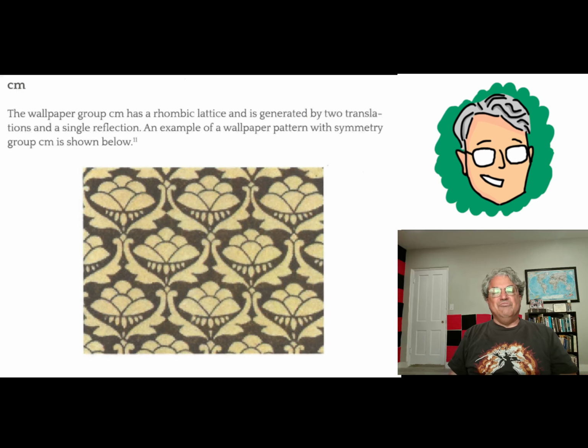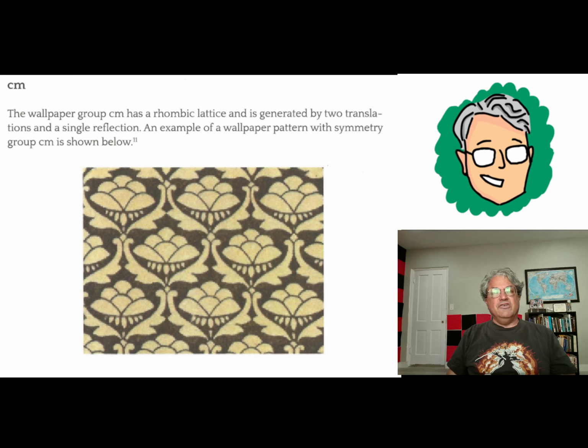I think these ones get prettier and prettier the more symmetry they have. Maybe that's just me. Maybe you guys can tell me what you think. But this one is known as CM. Another feature of these wallpaper groups is a lot of them have a specific type of lattice associated with them. I think the first four I just showed you have kind of an arbitrary lattice, not really a symmetric lattice, but this one has what's called a rhombic lattice, meaning that the two generators of the lattice have to have the same length.